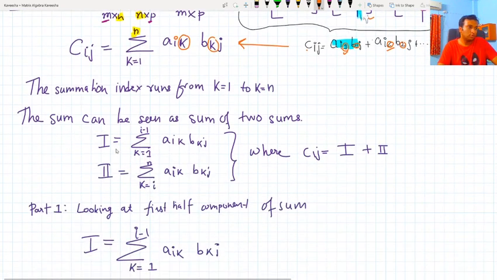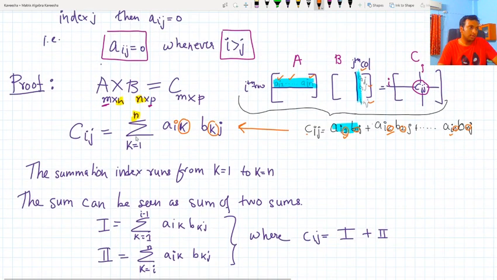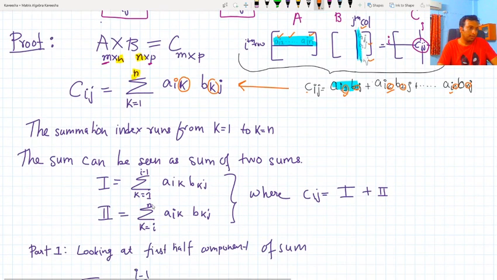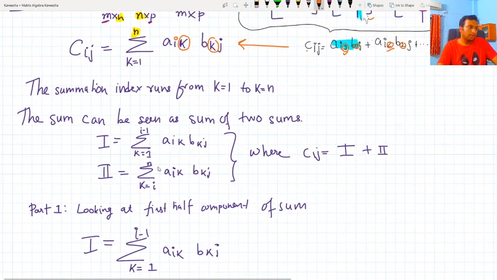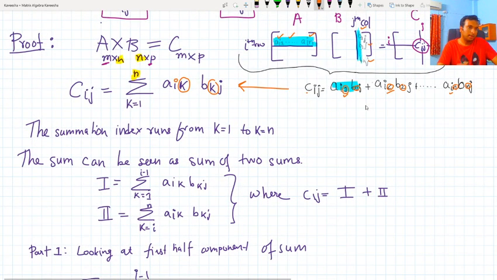So what we can do is use a smart trick. First of all, we will split this sum into two parts. The sum can be seen as two sums. The first sum is from k equals 1 to i minus 1, so you take the sum till i minus 1.